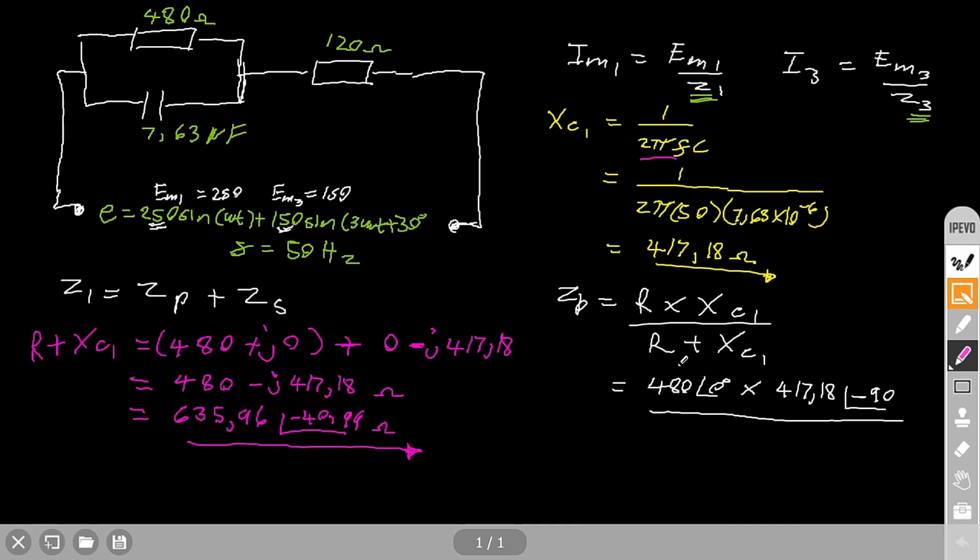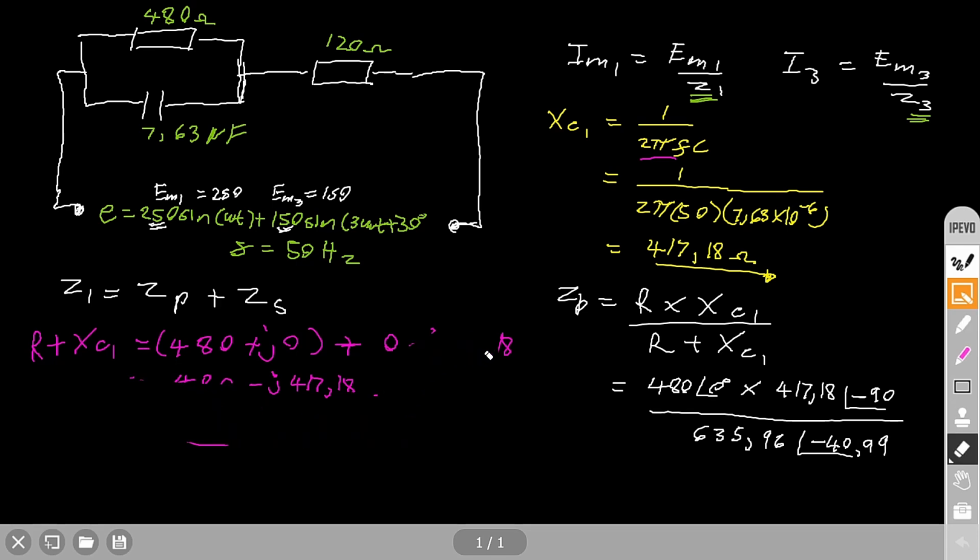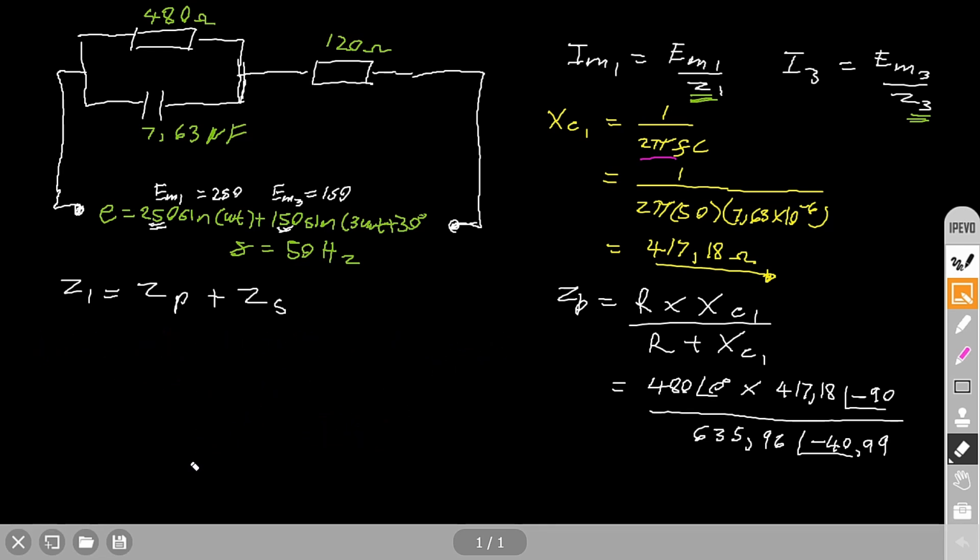So now you take this answer, you write it here. This is 635.96 at negative 40.99, right? So now let's simplify everything so that we'll see what our ZP is.